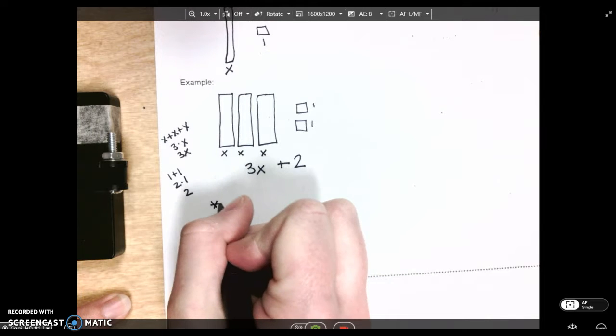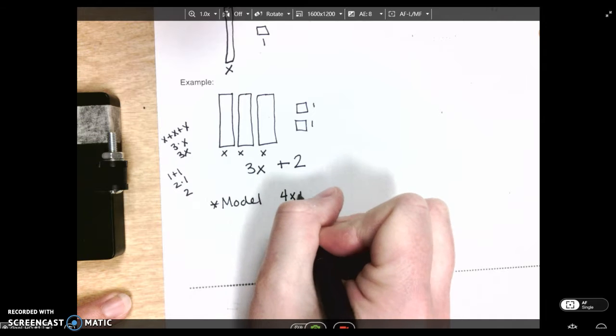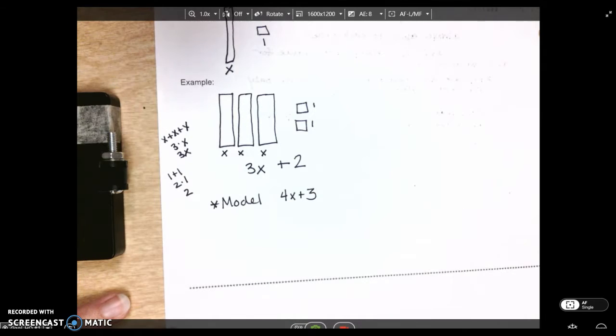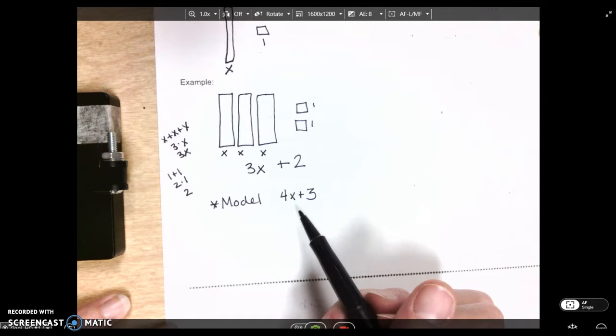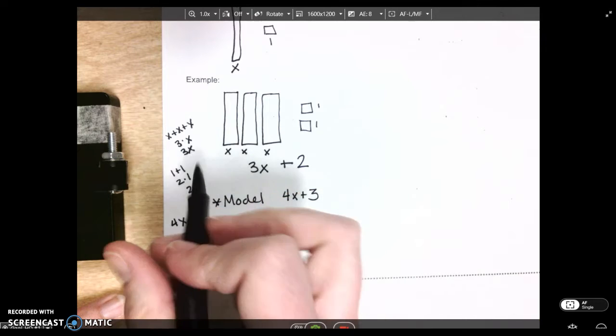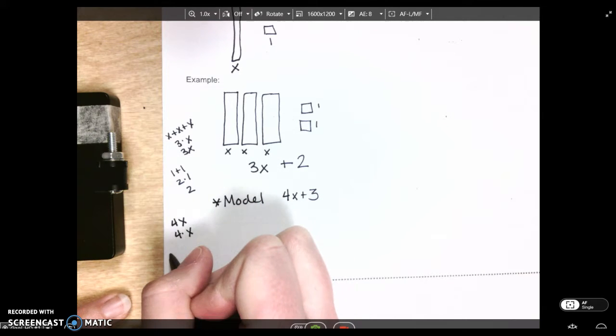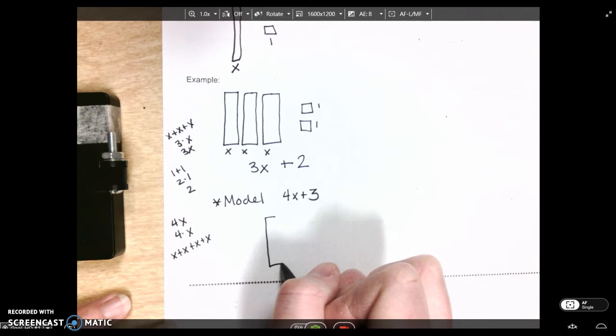So I took my picture and I drew the expression that it's equal to. Now reverse. I want to model 4x plus 3. Some students know exactly right away, what do I draw? But for those of us who are struggling, let's take this and work backwards, which is 4 times x, which is x plus x plus x plus x. So I need 4 of those rectangles.